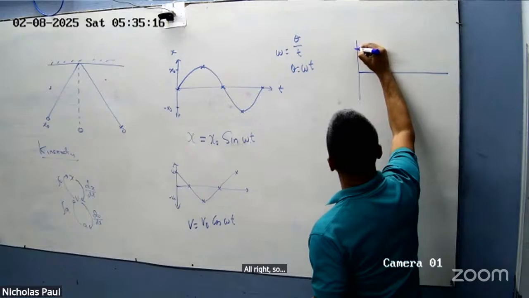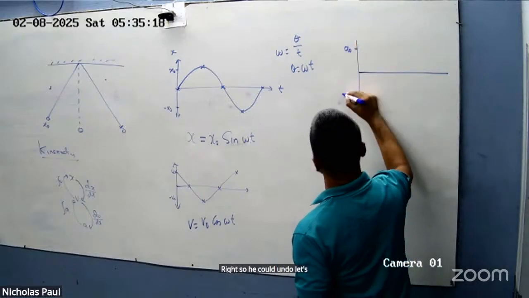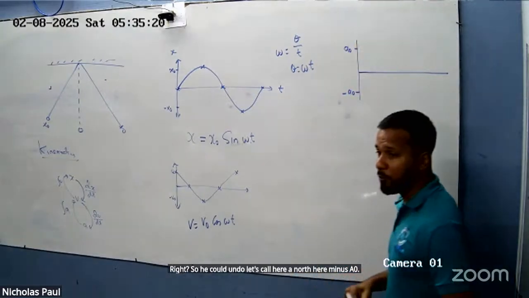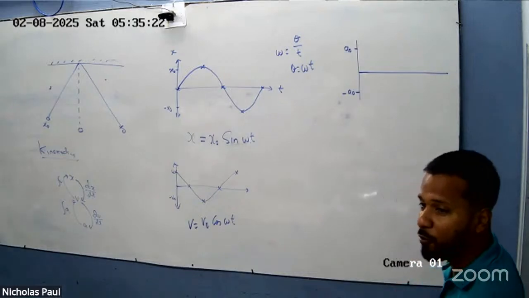Let's call it A naught, here minus A naught. Come on, do the graph.